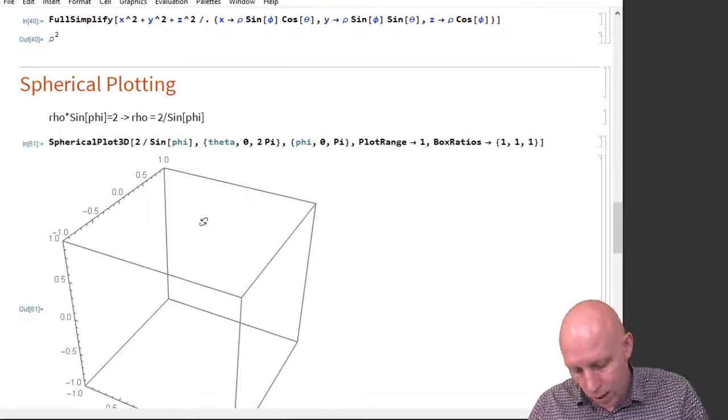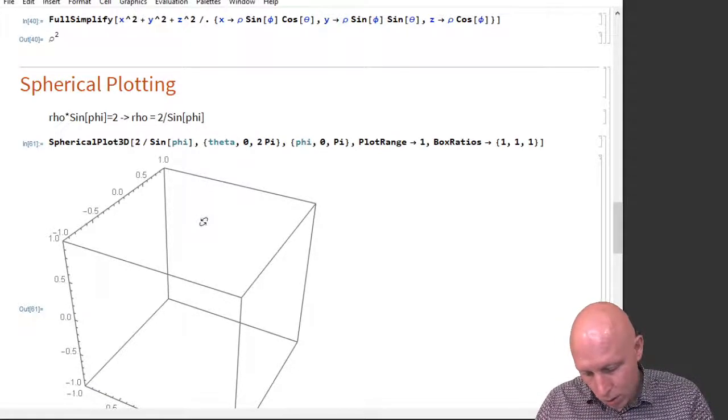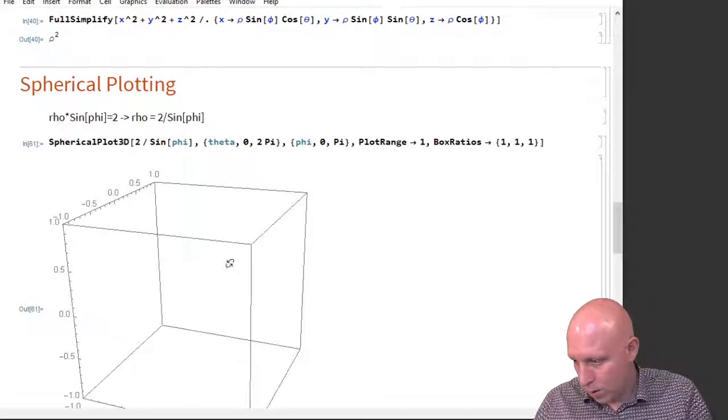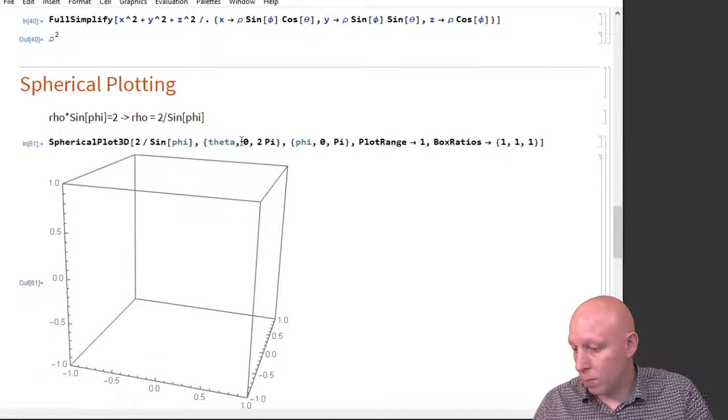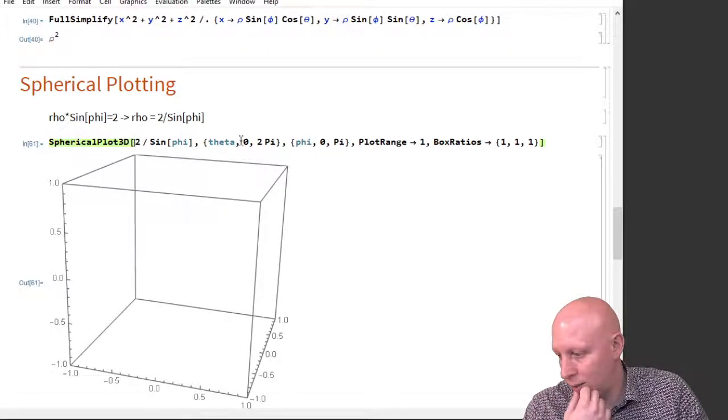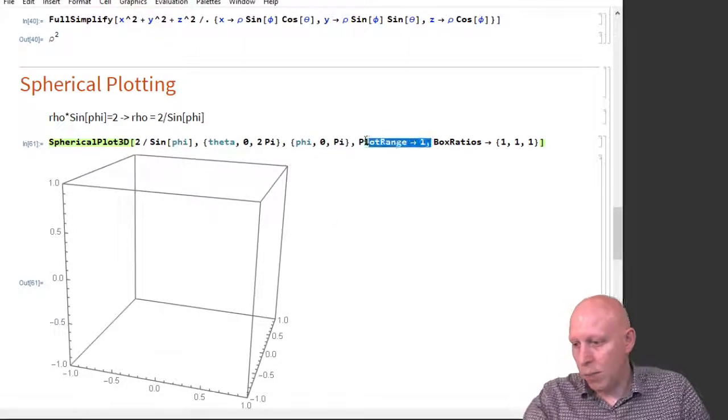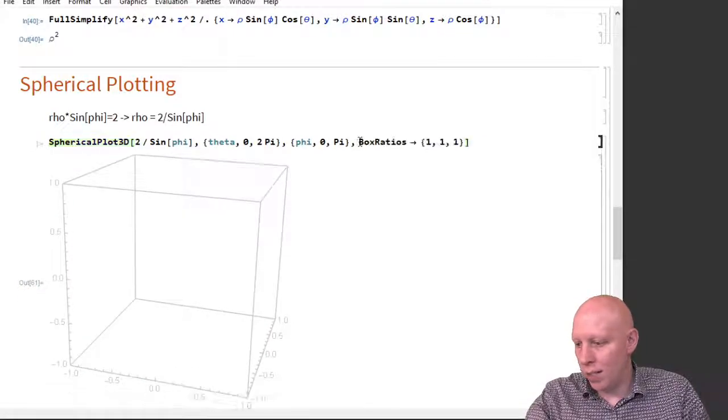Why is it not giving us anything? What did we say this was? Here, a plot of 2 divided by sine of phi for different values of theta and phi. And maybe my plot range is too small. Yes, that's what it is.